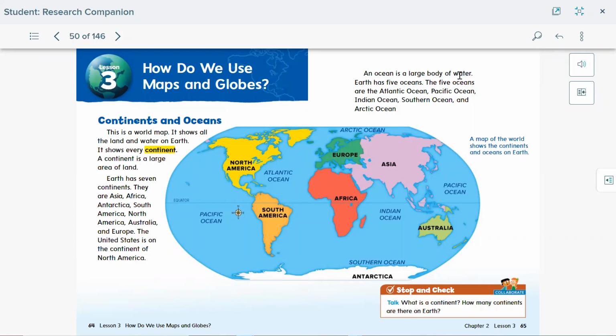An ocean is a large body of water. Earth has 5 oceans. The 5 oceans are Atlantic Ocean, Pacific Ocean, Indian Ocean, Southern Ocean, and Arctic Ocean.